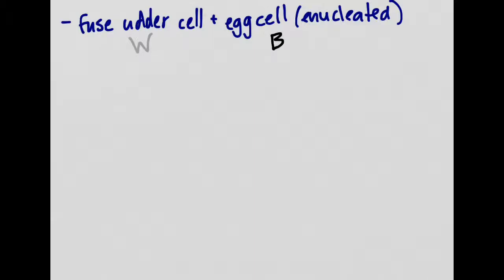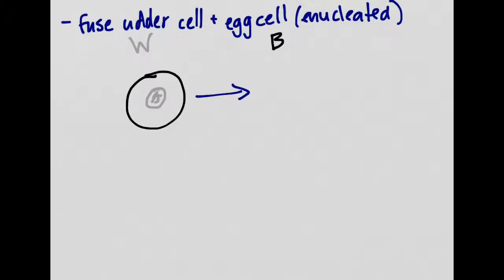Okay? So we inserted the fused egg cells into several different black face sheep, which are going to be the surrogate mothers. Right, so there's our enucleated egg cell. We know that that sheep had a black face. And then we're inserting in the genetic material, the nucleus, from the other sheep that had a white face, its udder cells.